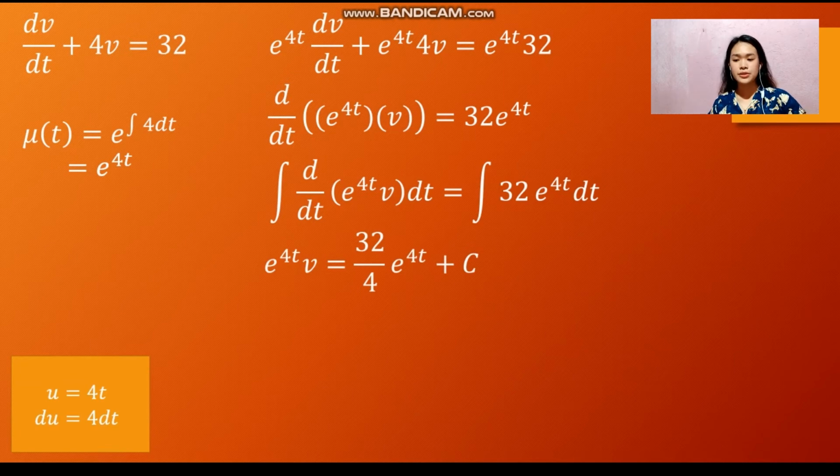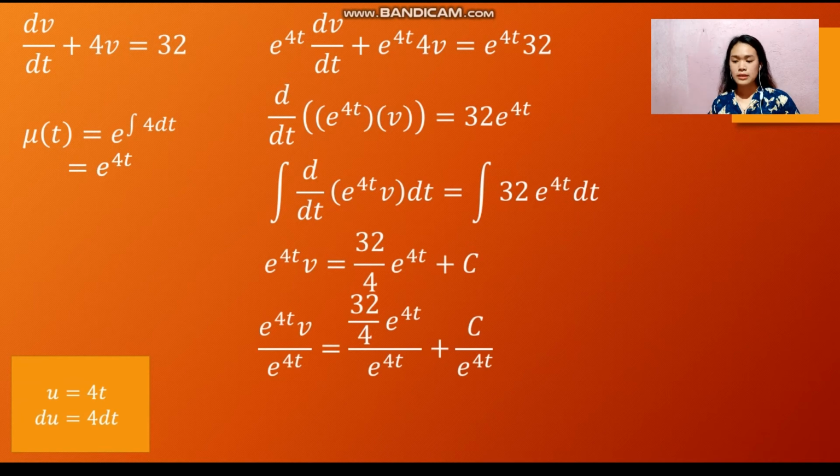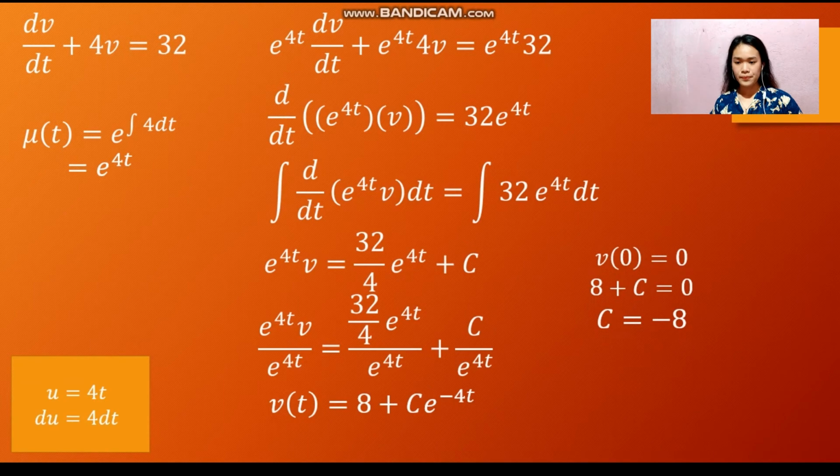Kaya, i-divide yung 32 sa 1/4. So, i-simplify lang din natin para makuha dito ngayon yung change in velocity. Kailangan na nating i-divide both sides by e raised to 4t. So, our velocity will be 8 plus c e raised to negative 4t.